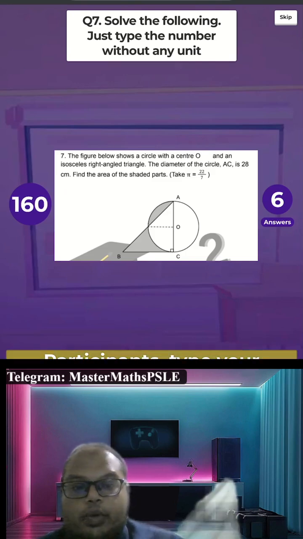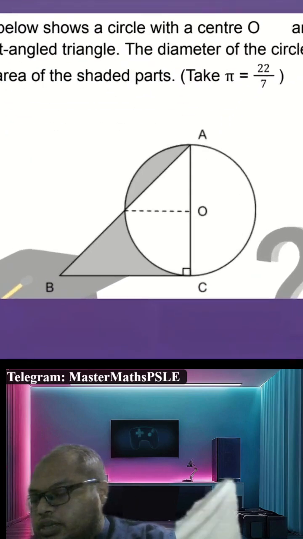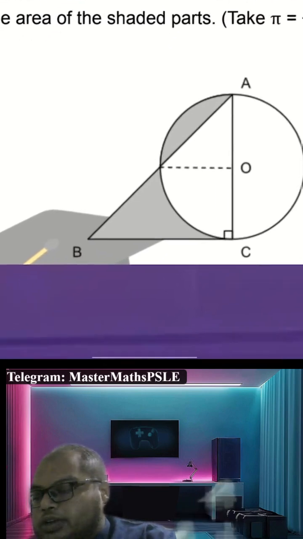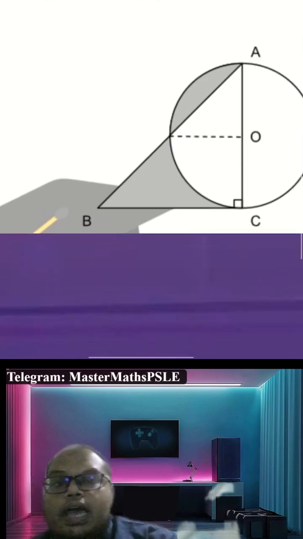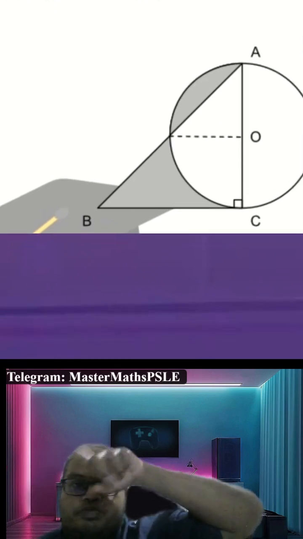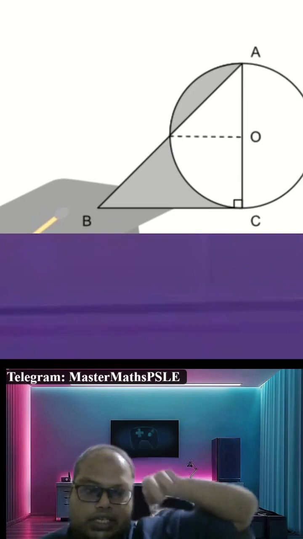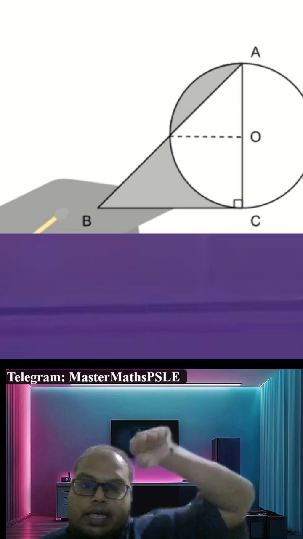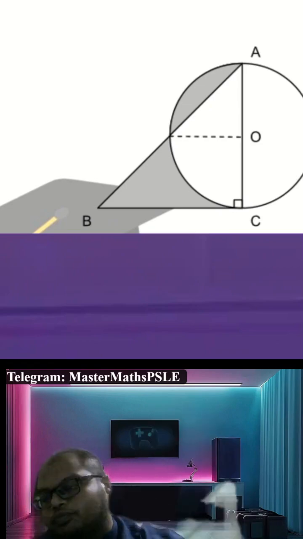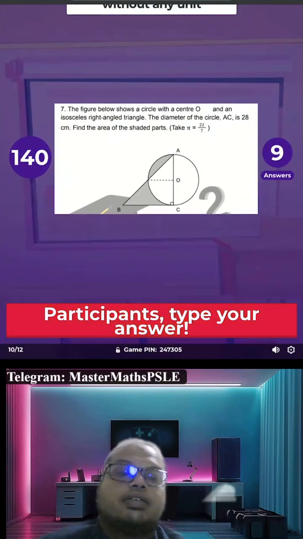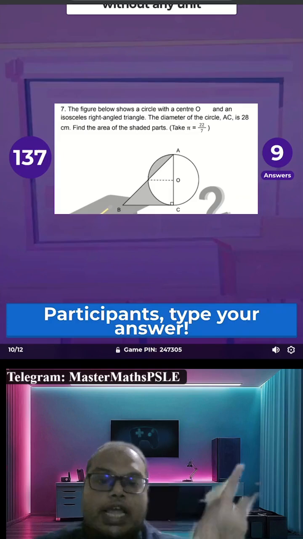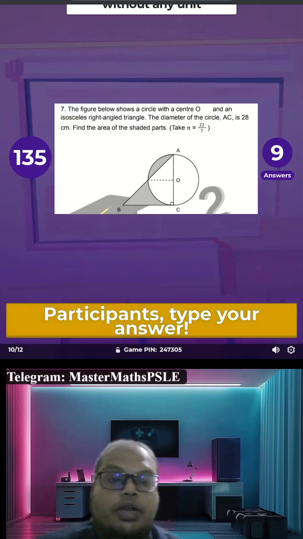For this question, this shaded part, you can form another triangle here. Cut from that side to C. That shaded part can go over. All these questions sometimes you need to apply a bit of cut and paste. You need to try to visualize how to shift it around and all that.